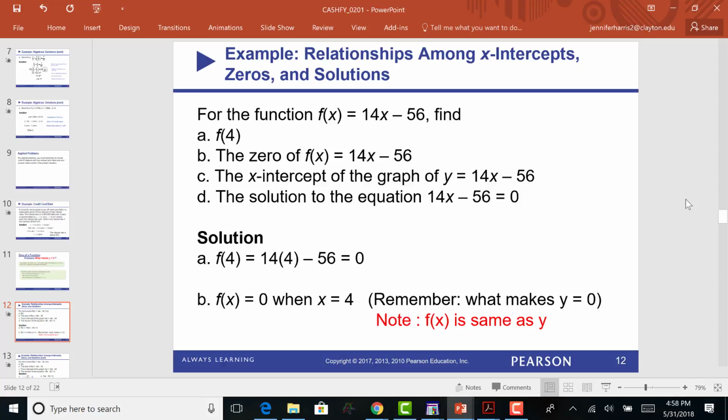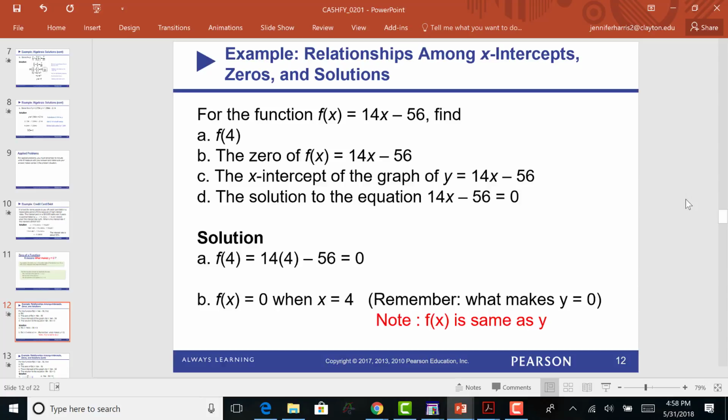Okay. So if we do the math, that's going to be 4 times 14. How much is that? 56. And what's 56 minus 56? Aha. So what number did we plug in that caused the whole function to equal 0? 4.